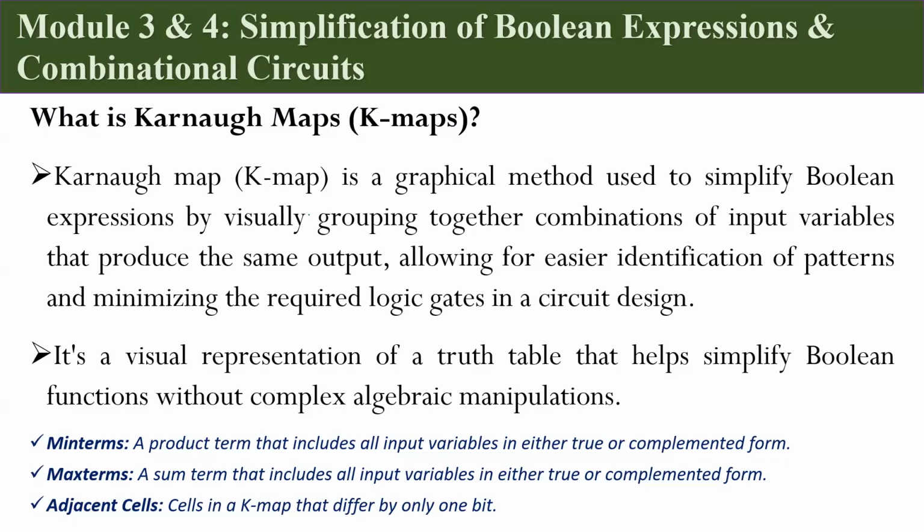Now, there are important terms that you need to pay attention to when we're talking about Karnaugh map, and I'm just going to define them very quickly as we can see on the screen. The first term is what is referred to as minterms, M-I-N-T-E-R-M-S, minterms, okay? What is a minterm in Karnaugh map?